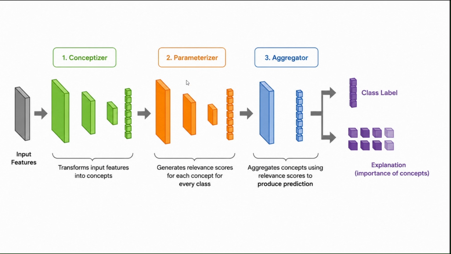The parameterizer generates relevance scores for each concept, indicating how important each feature is for a given prediction. The aggregator combines the concepts and the relevance scores to produce the final classification. The final output is the classification as well as the explanation, which comes from the parameterizer side.